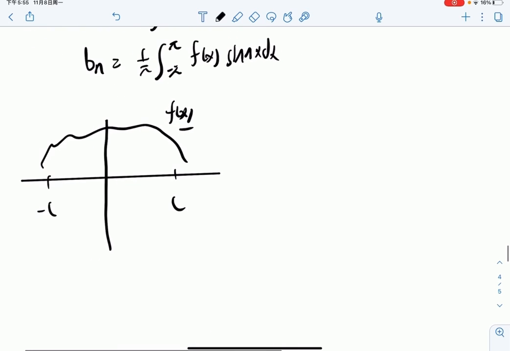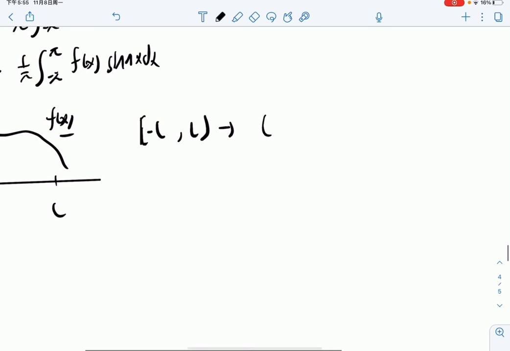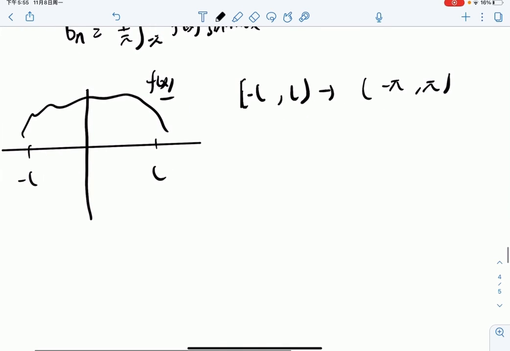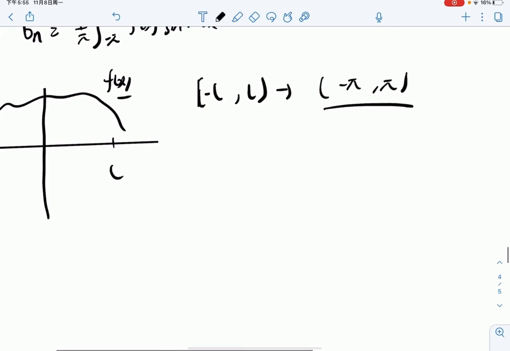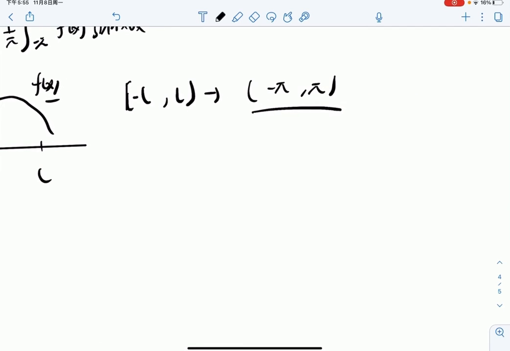So we want to go from the range of negative L to L to negative pi to pi. So basically, if we look at the inverse, we have n pi x divided by L.